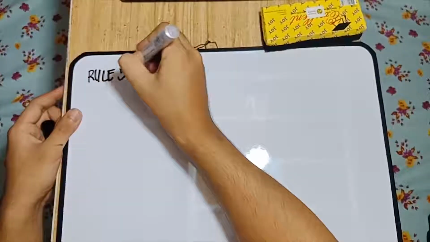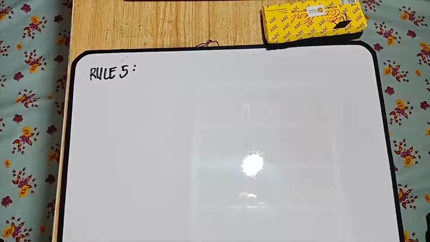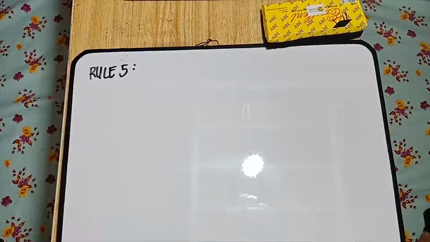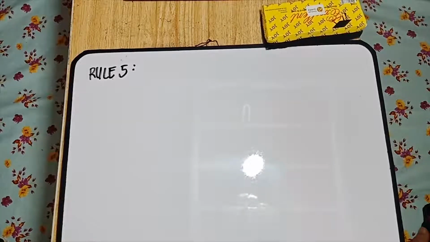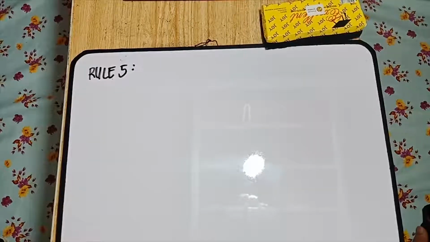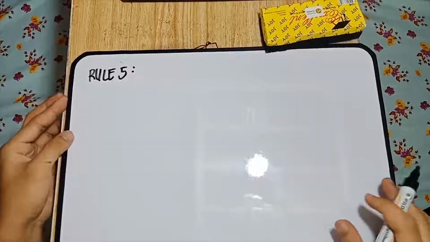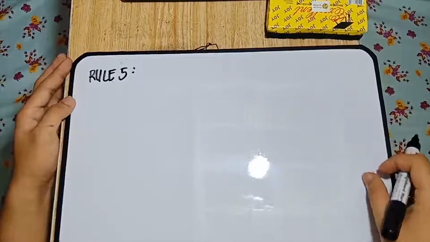Rule number 5 is the sum and difference rules. Sum and difference rules. So, paano ba yan? Ibig sabihin daw, let's say meron tayong two functions, f of x and g of x.